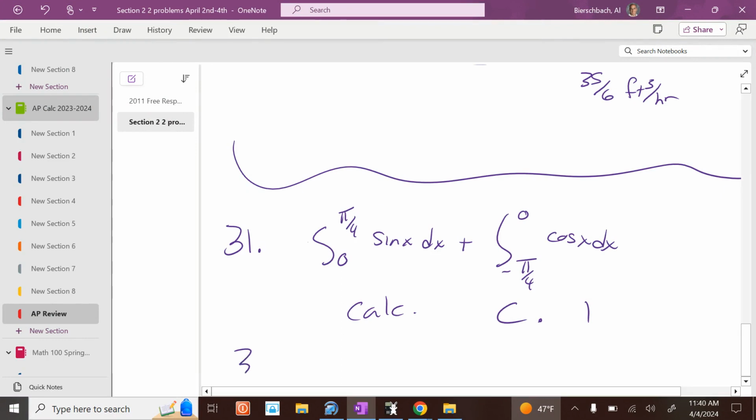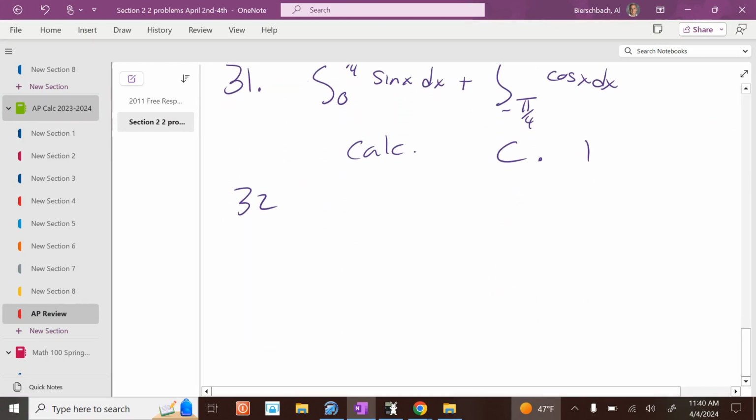C1. 32. The particle is moving along the y-axis. Its position y of t equals t cubed minus 4t plus 7. Which of the following expressions gives the total distance the particle traveled in 4 seconds? Okay, so the total distance it traveled in 4 seconds is basically the absolute value of the function, but obviously this particle must be turning around at some point, correct?